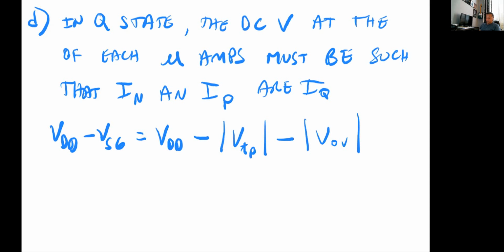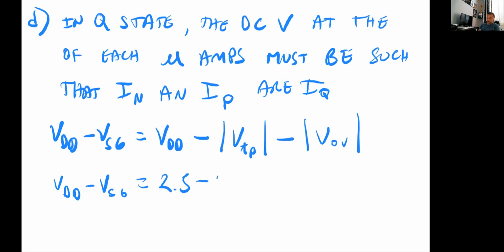And we're given these parameters. We know VDD, we know the threshold voltage, and we also know the overdrive voltage. So we just need to find that out. So VDD minus VSG. VDD is 2.5.